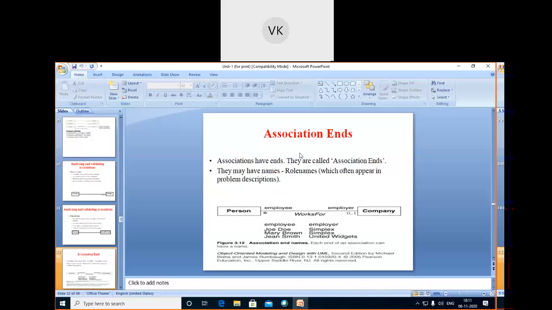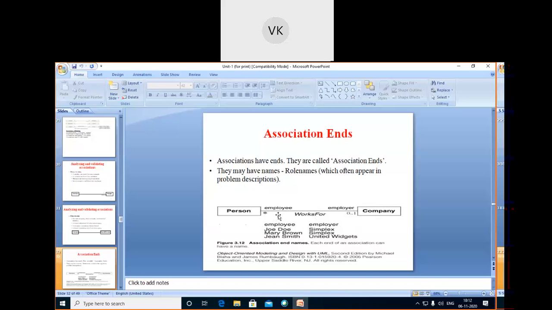With this example, person and company are the two classes. For this person class, the company is an employer.